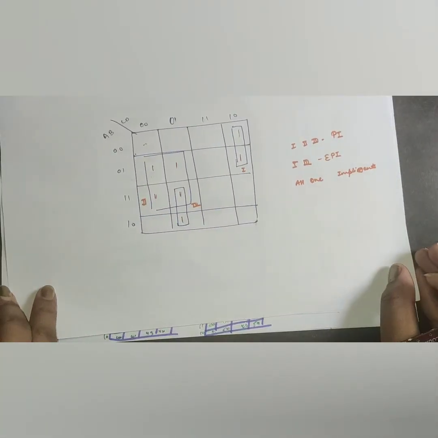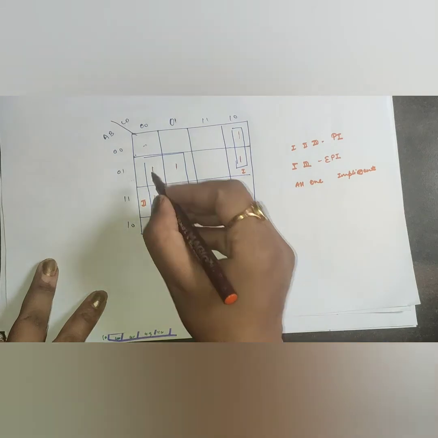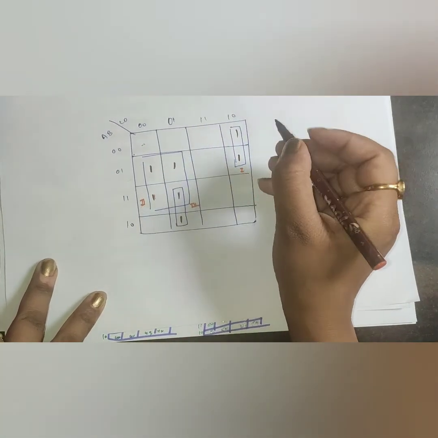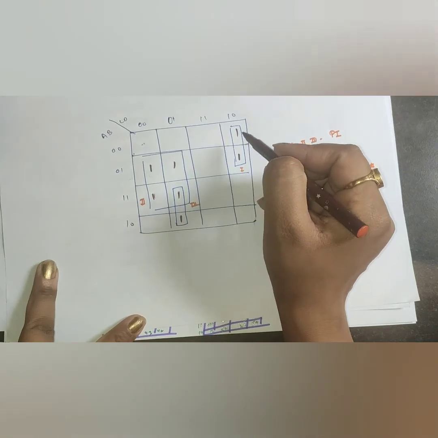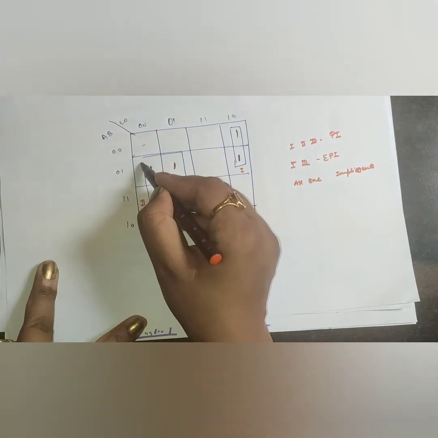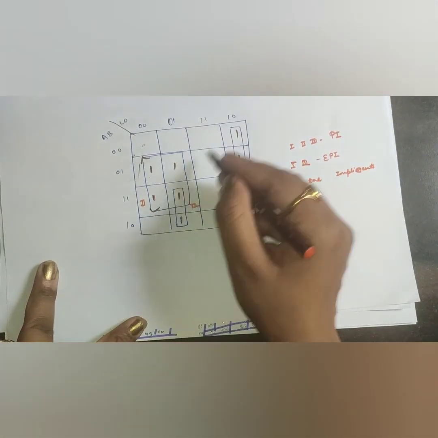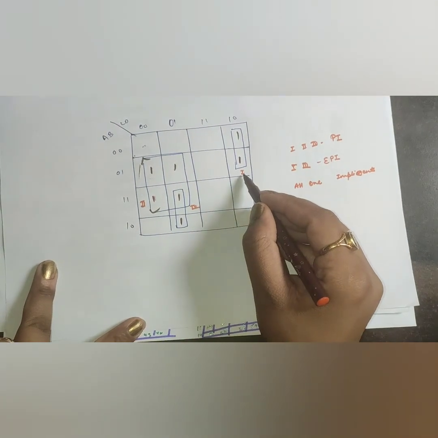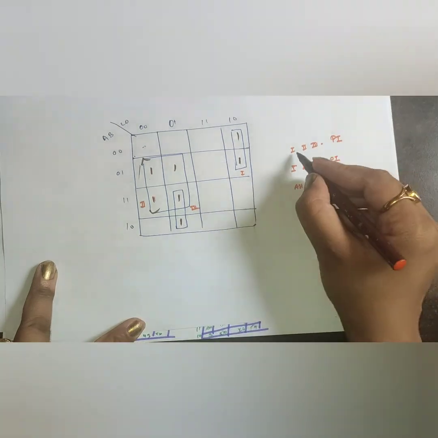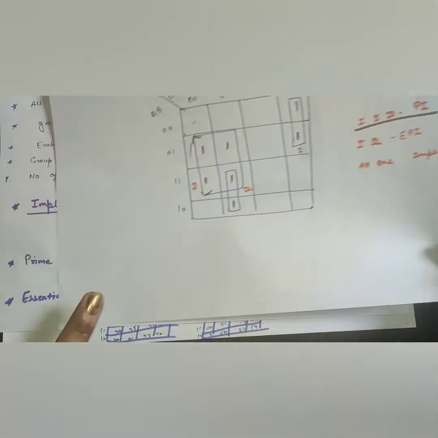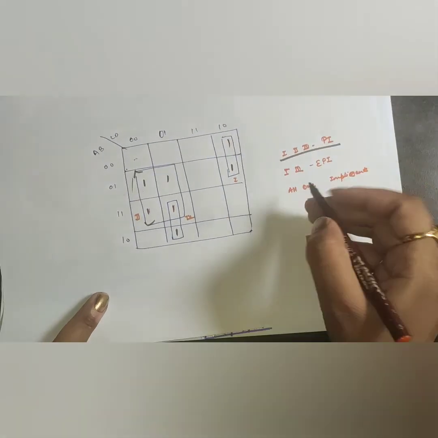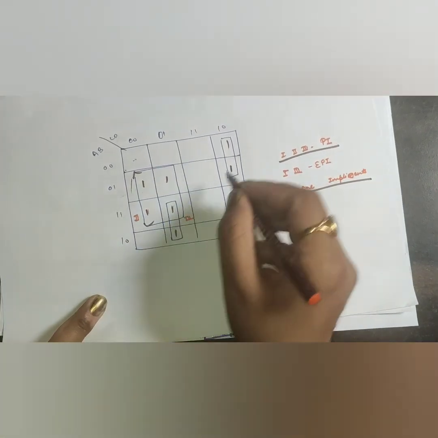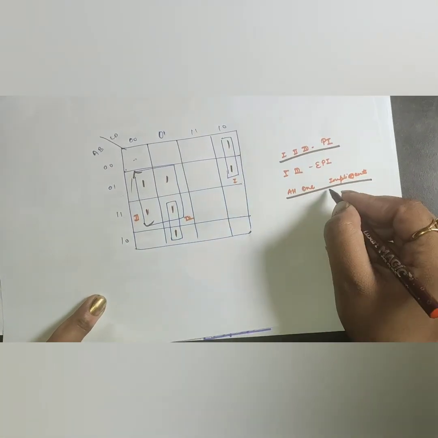Let's suppose this is a 4 variable K map and we have these ones. Now you can see how we can make the groups. This is a group of 4 cells, this is 2 and this is 2. All ones are implicants.